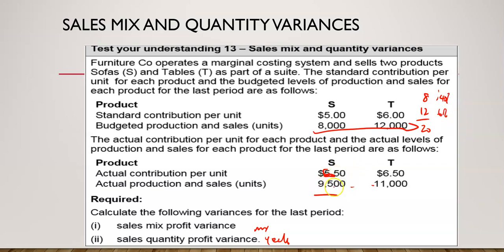So you go out there and you sell 9,500 of S and 11,000 of T. This is a total of 20,500.